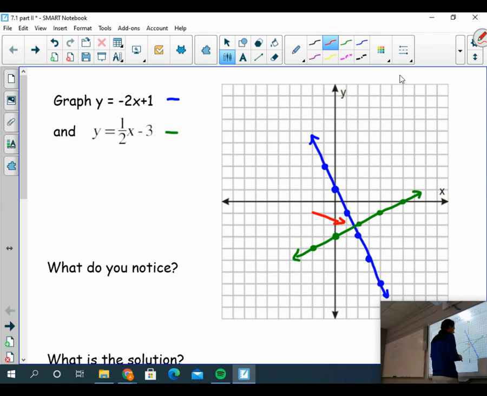We could ballpark. Maybe it's at 1.8, negative 2.1. It kind of looks like. I bet you if I regraphed it by hand a different time, I get a slightly different value. Point is, we did not have that nice, neat, clean intersection where the dots fall on top of each other in this case. So there is one solution. We just don't know exactly what it is.